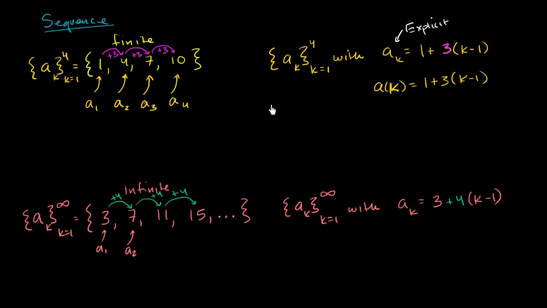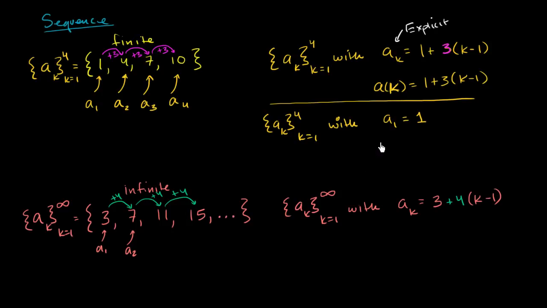Well, another way of defining this first sequence, we could say a sub k starting at k equals 1 and going to 4. And when you define a sequence recursively, you want to define what your first term is, with a sub 1 equaling 1, and then you can define every other term in terms of the term before it.